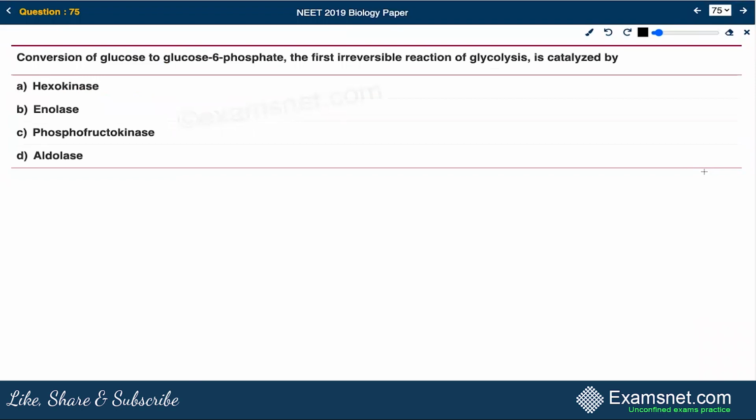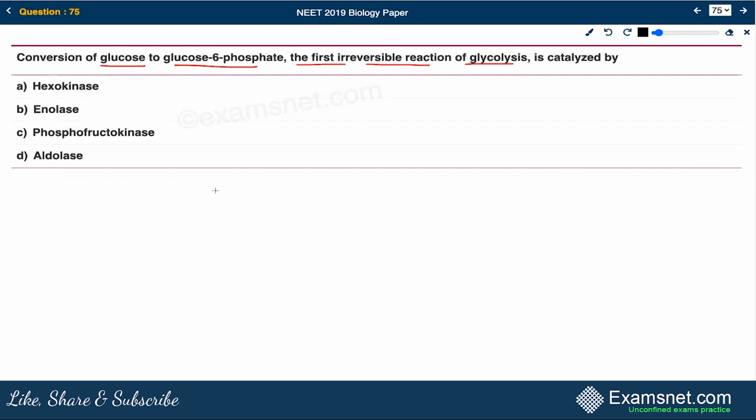Now, let's move on to the next question, question number 75. It says the conversion of glucose to glucose 6-phosphate, the first irreversible reaction of glycolysis, is catalyzed by.